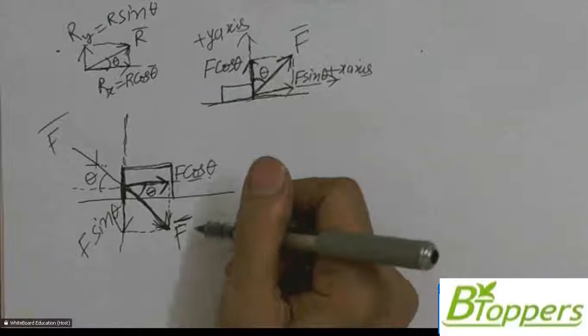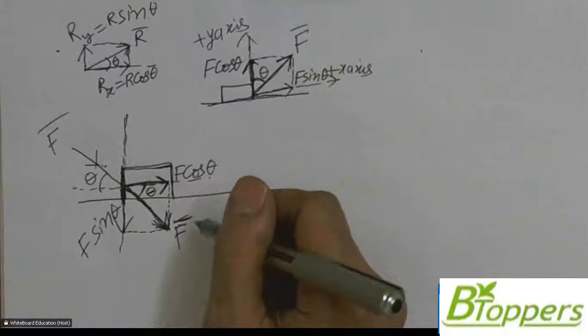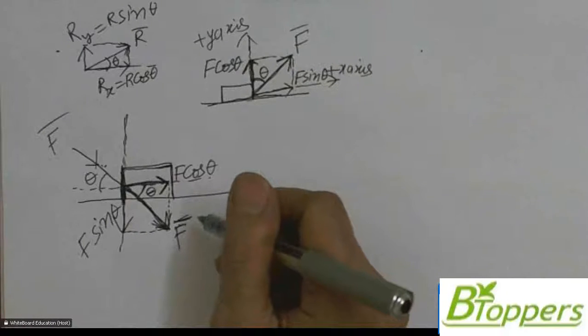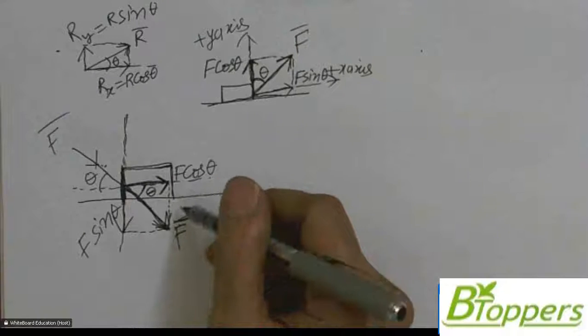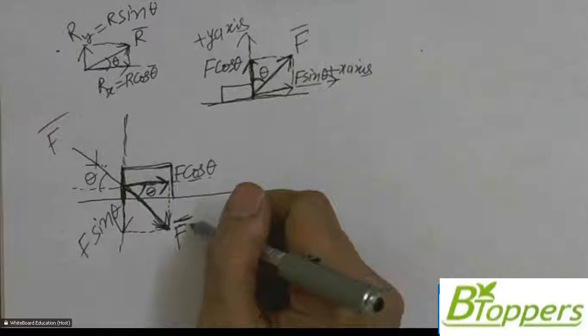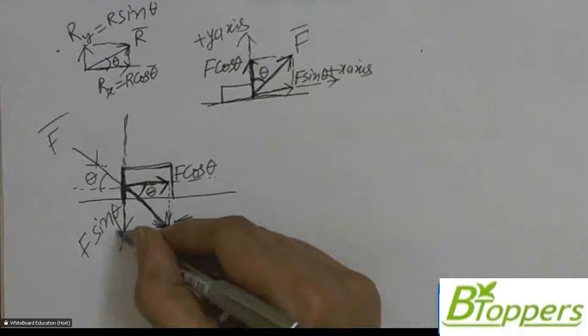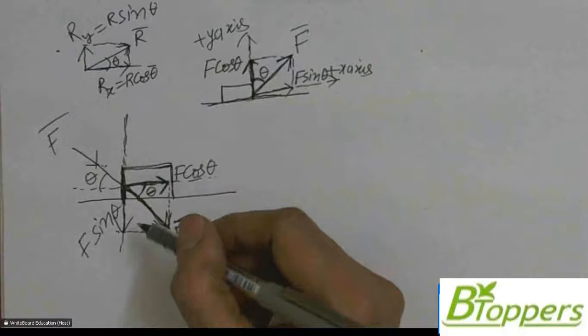That means in general, if the force F bar is resolved into two rectangular components in a plane, then the component which makes an angle theta with the direction of the force is F cos theta, and the other rectangular component is F sin theta.